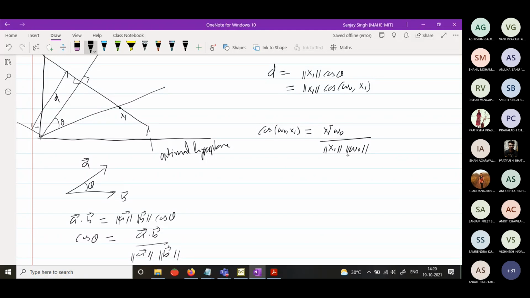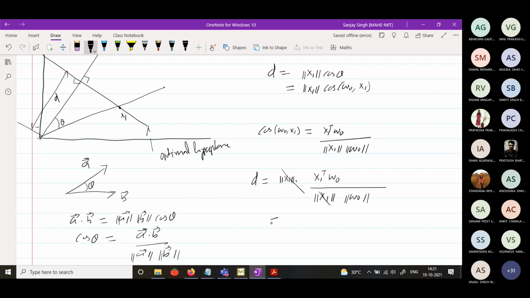Now, having found cos of w0 and x1, we can substitute here. Now d could be x1 and then this entire part, x1 transpose w0 or w0 transpose x1, anyway this inner product only, over x1 magnitude and w0 magnitude. So this x1 magnitude cancels.